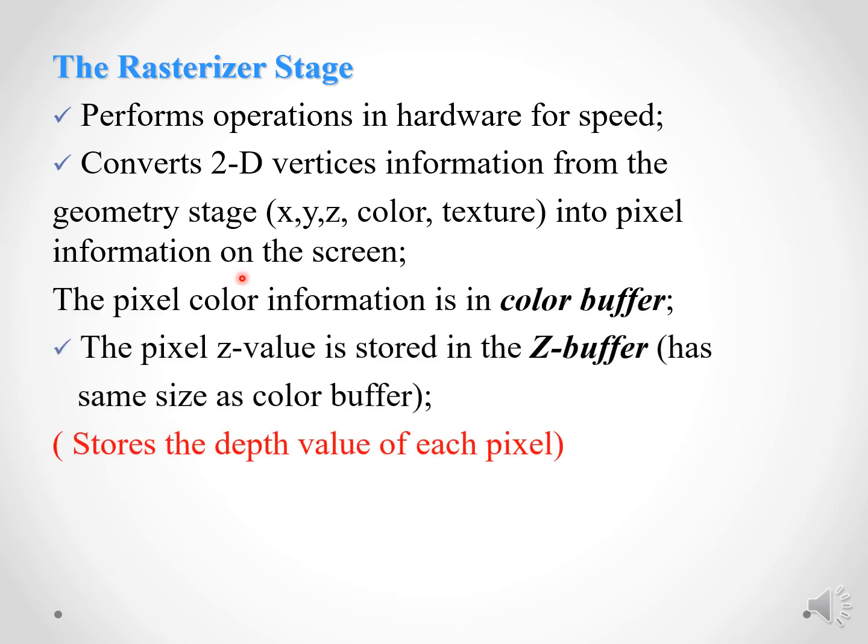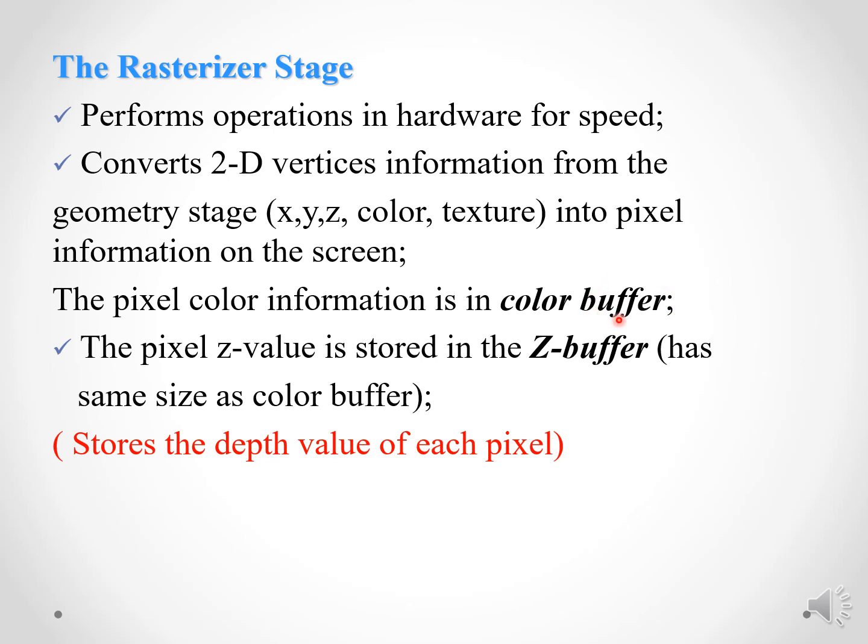Basically, the pixel color information will be stored or kept inside the color buffer. Buffer here means the place or memory where we hold data right before it is used. Alright, I hope you understand the concept of buffer.